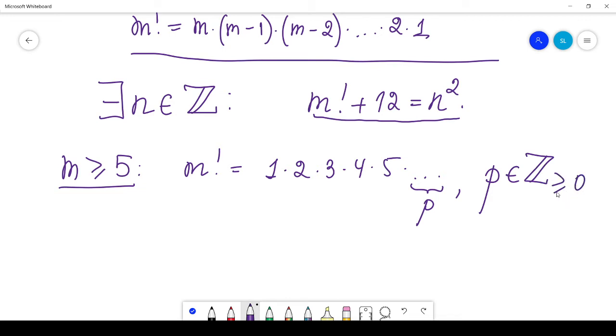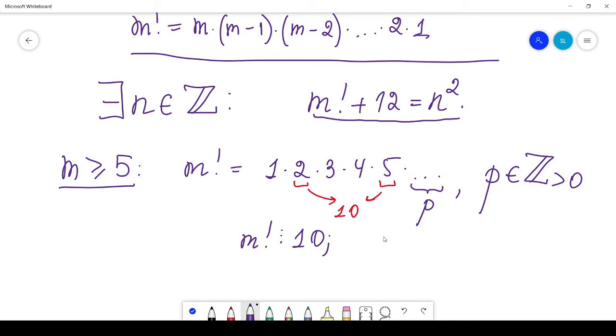It may be 1, it may be something bigger. And just because we have there 2 and 5, when we multiply them, we get 10. So in this case, we see that m factorial is divisible by 10.